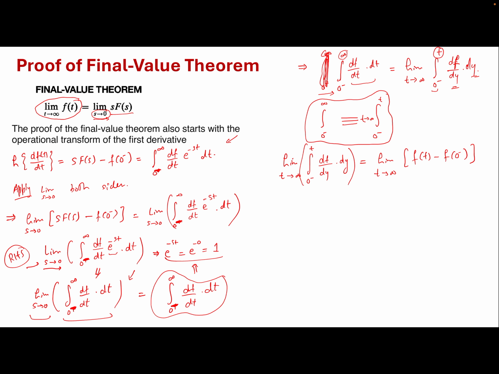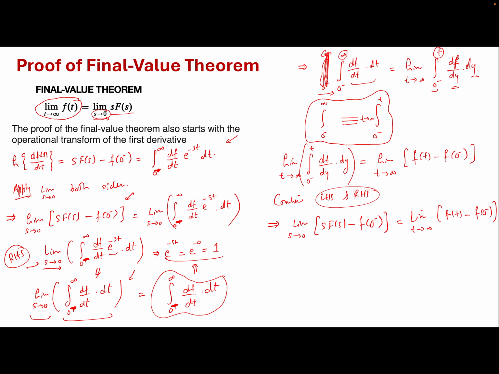Now I can combine the left hand side and right hand side. My left hand side was limit s approaches 0, s of f of s minus f of 0 negative, and over here limit t approaches infinity, f of t minus f of 0 negative.